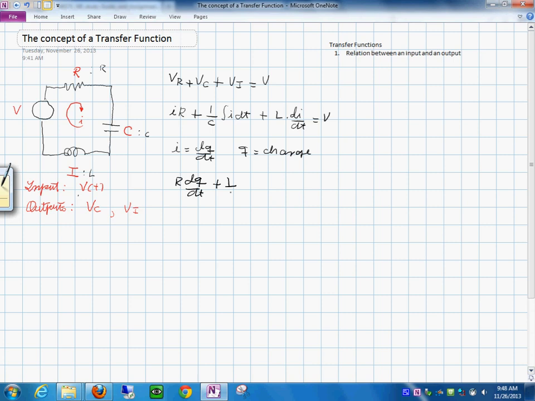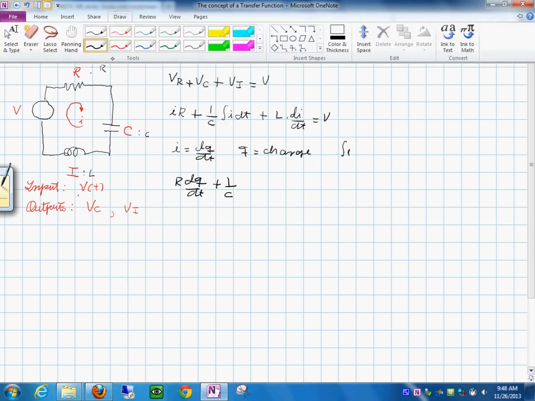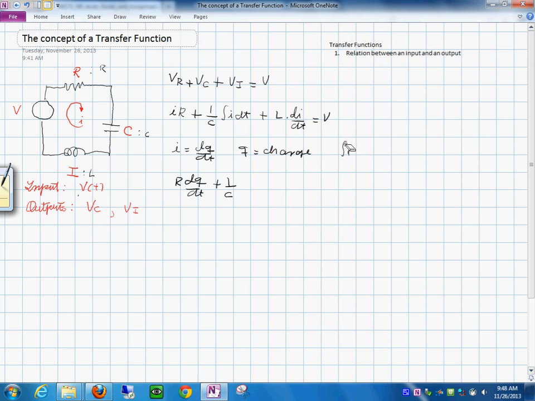plus 1 over C. If I is dq dt, the integral of I, so if you integrate both sides, let me just put it over here, because I want to keep the right hand side free, so we can write over here.